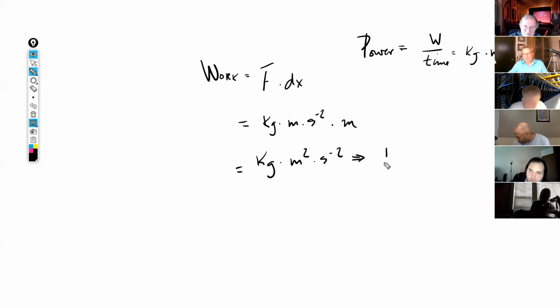Joules. What's the unit of power? Watts. Just remember that's work and that's watt. So power would be joules per second, which is a watt.